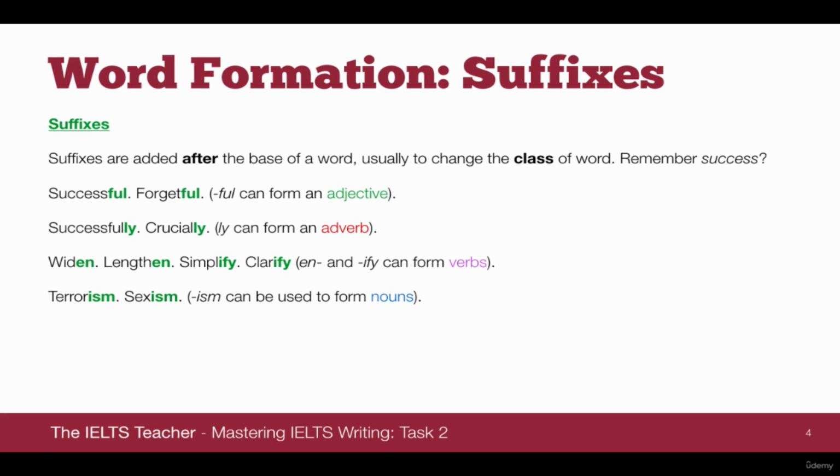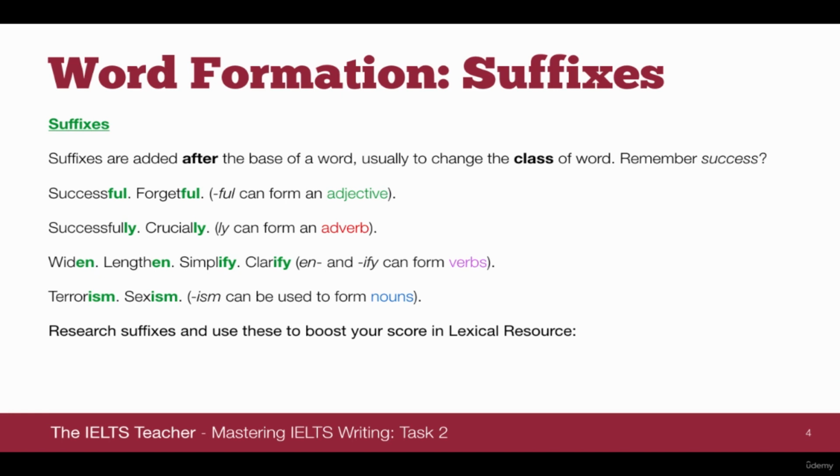This doesn't always work. You can't just be adding random suffixes to random words. You do need to check with a good dictionary, but it's good to know that you can create these words if necessary. Again, research suffixes, very important. There are many more than the ones I've highlighted, and you can use these to boost your score again in Lexical Resource.